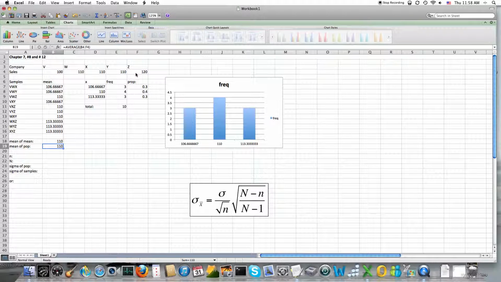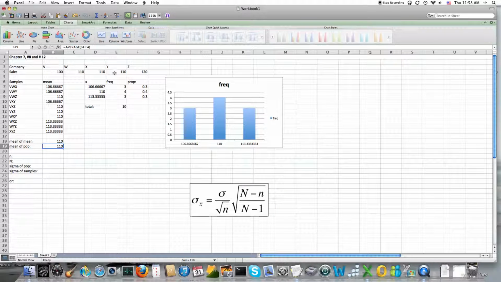As it should be. Hopefully that's not a surprise: if you take a bunch of samples and do this over and over again, the average of your sample means should be centered in the same place as your original population. But then part C says, what about standard deviation?